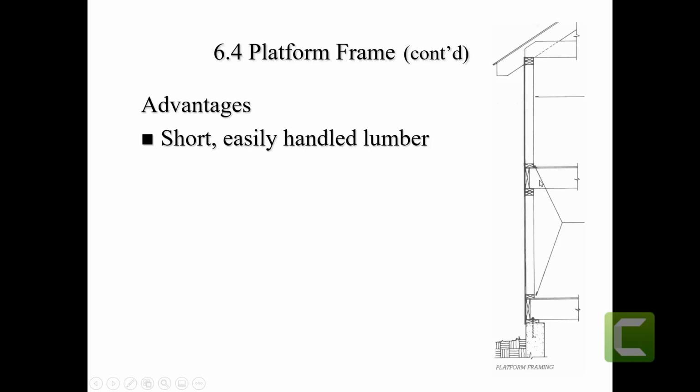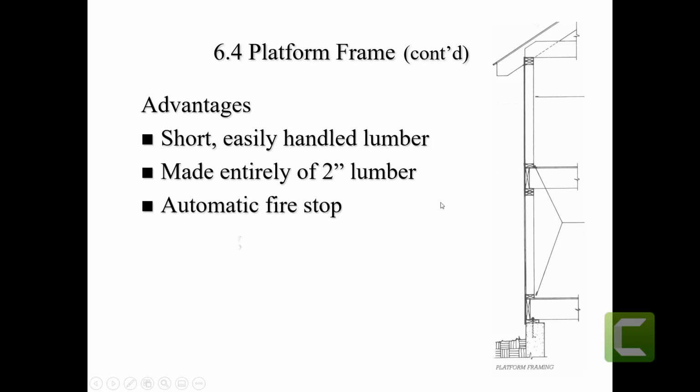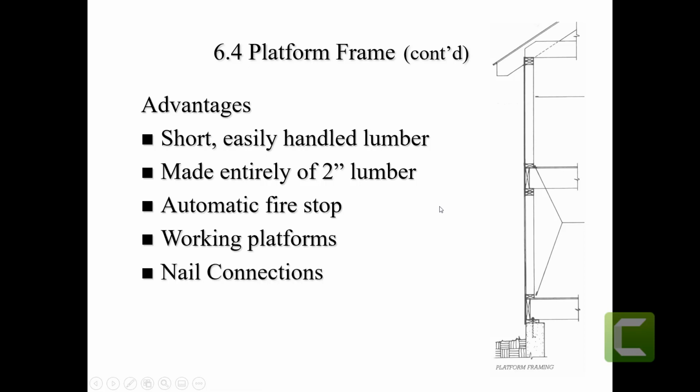You have members that are girders, beams that are spanning across the shortest distance, and then you have your next member, or pretty much the floor continues exactly as it was doing on the first floor, goes to the second floor. Now, a lot of advantages, but the major one is that you have a fire stop.